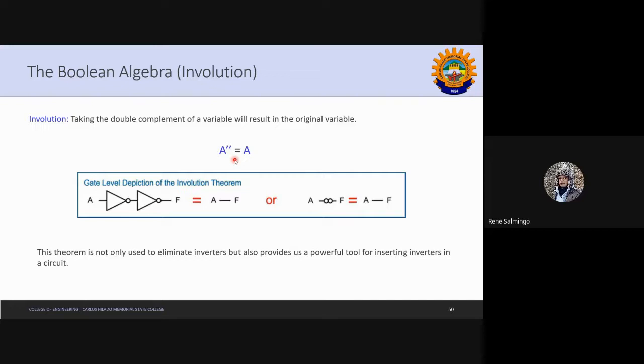It means that this is prime and this is prime. Once you double negate, it goes back to its value, because this is not A and not A, meaning it becomes A.